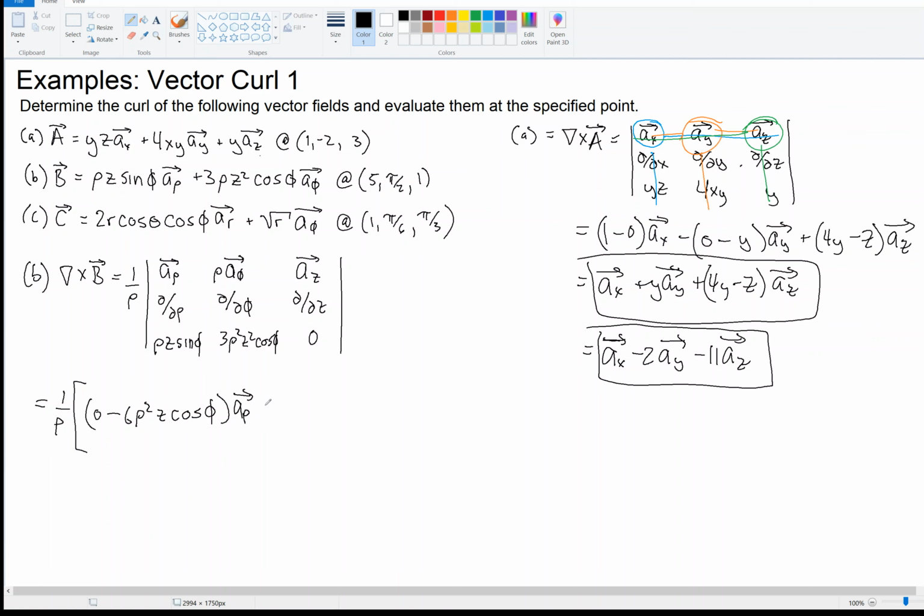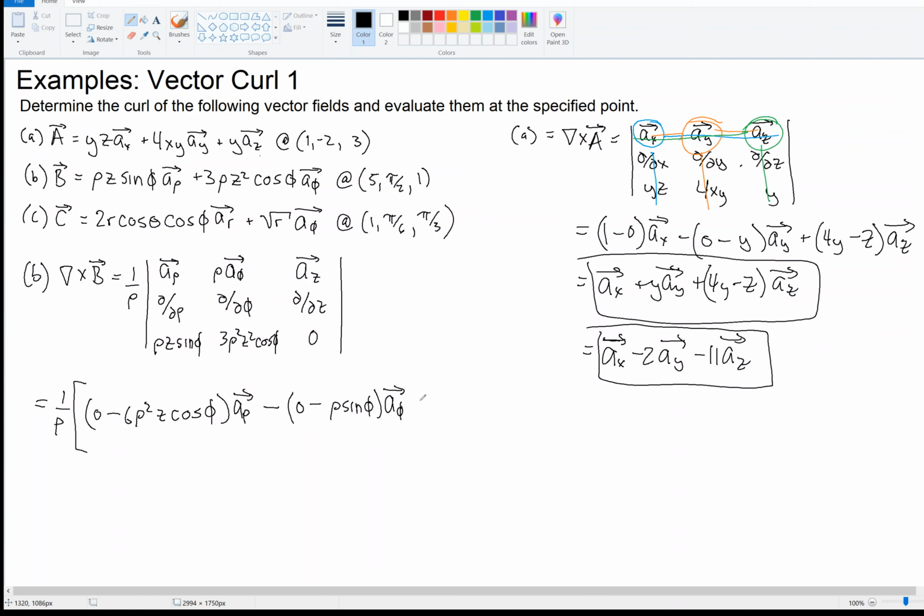Okay, and then the next thing is we subtract, then rho times 1 over rho is just 1, so we subtract the d d rho operator operating on 0 minus d dz operating on this thing, so this becomes rho sine phi, and that is in the phi direction, like that.